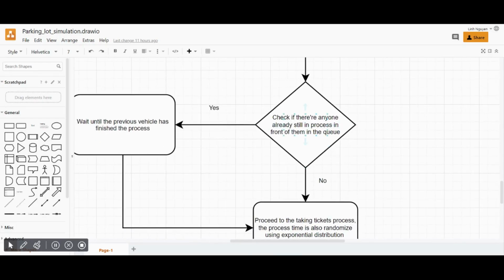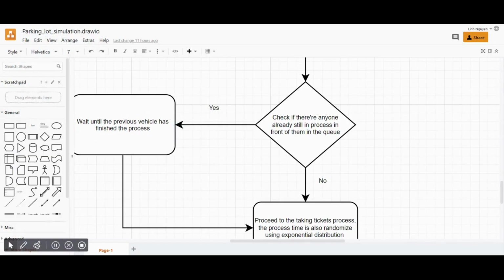After they have taken their vehicles and gone into the queue to get the vehicle out, the program once again checks if there is anyone already in the queue for getting out.